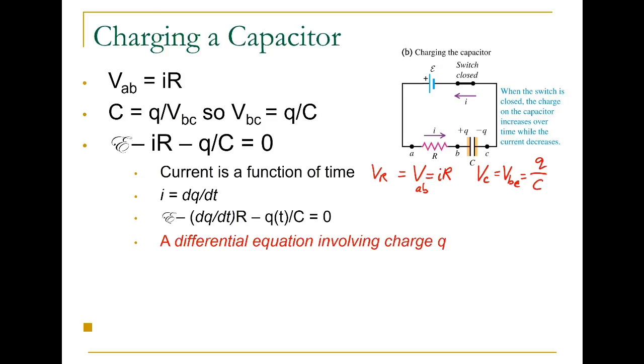Okay, so this gives us the equation: E in the battery, so we're going around counterclockwise here, minus IR in the resistor, minus Q over C is equal to 0.